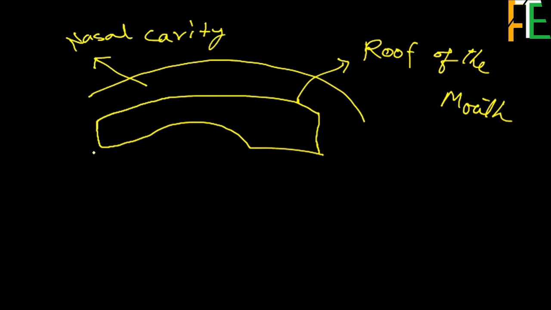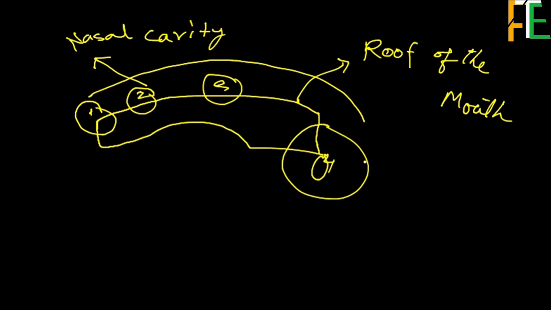So this roof has been divided into several sections. It's mainly divided into 4 sections. The first one is the teeth ridge. The second one is the hard palate. The third one is the soft palate, and the last part is the uvula.